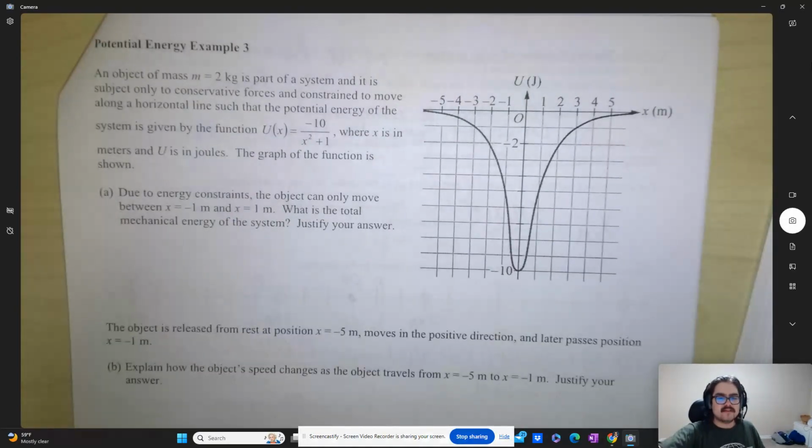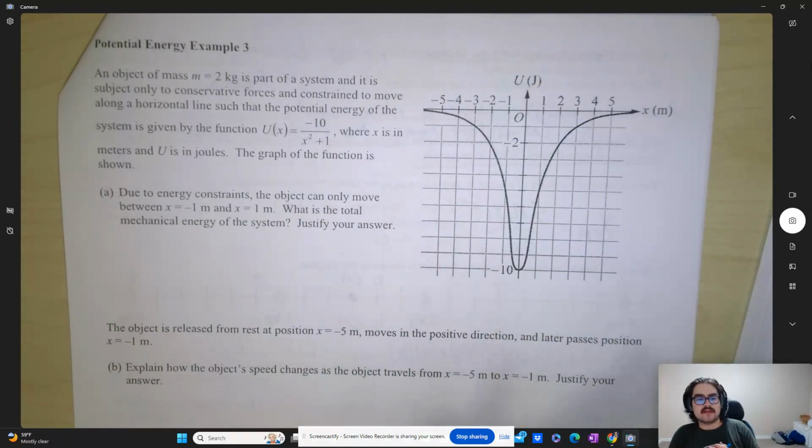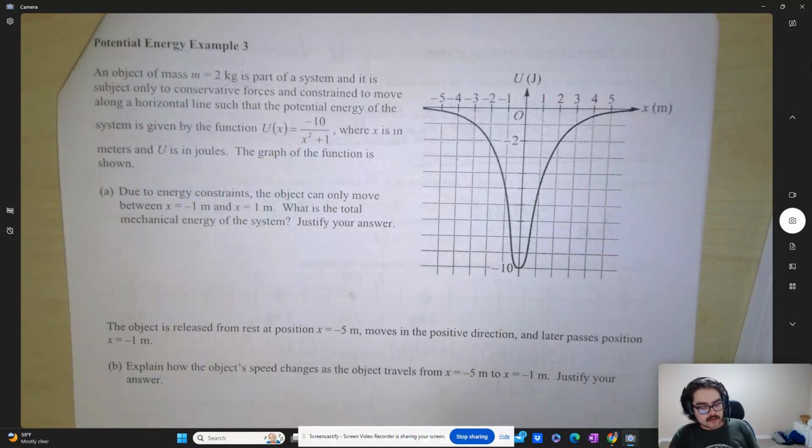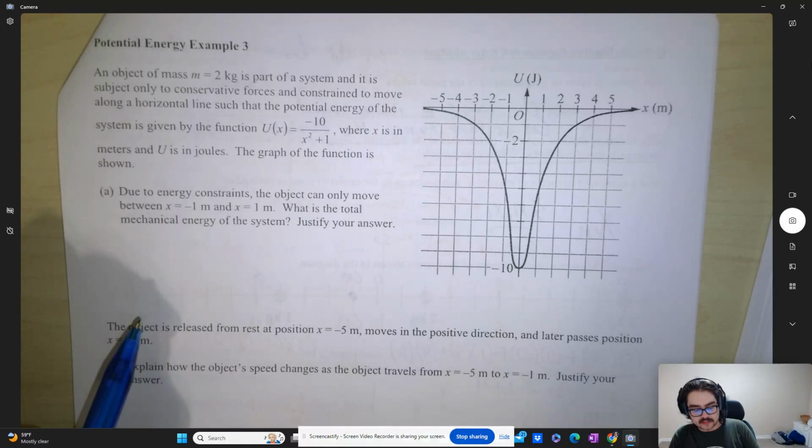In order to figure out, so let's see, an object that is part of a system subject only to conservative forces. There's our function. Due to energy constraints, it can only move between -1 and 1. So what's the total mechanical energy of the system?